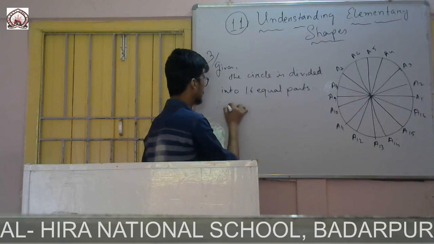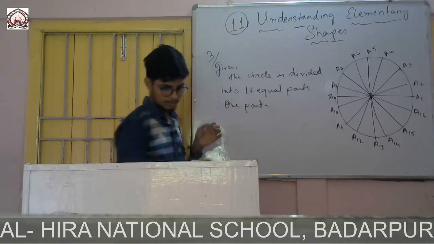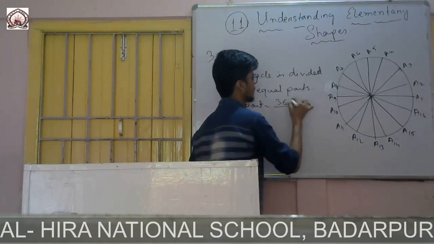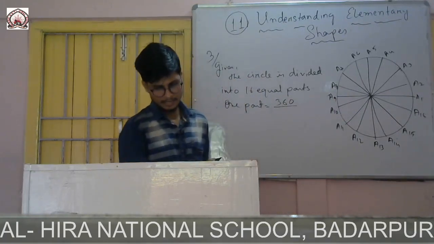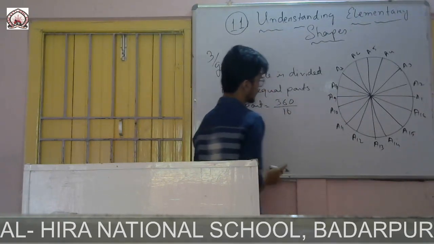One part will be equal to... let's find the value of one part. We know that one complete angle is equal to 360 degrees. How many parts are there? There are 16 parts, so I will divide by 16.